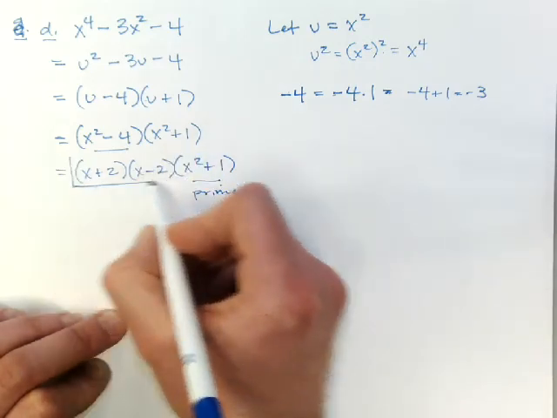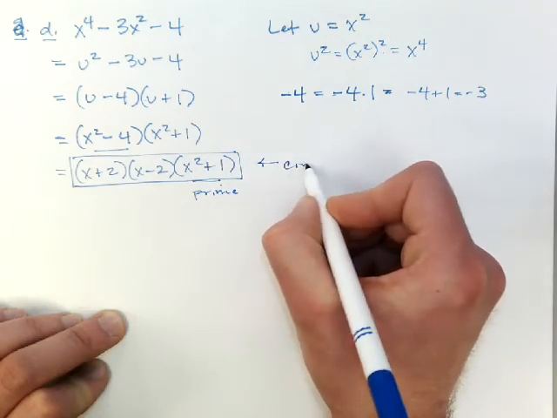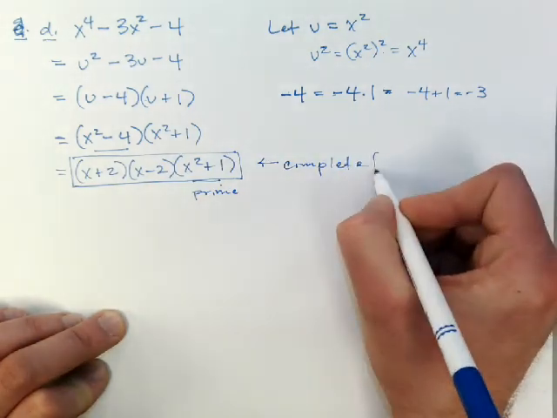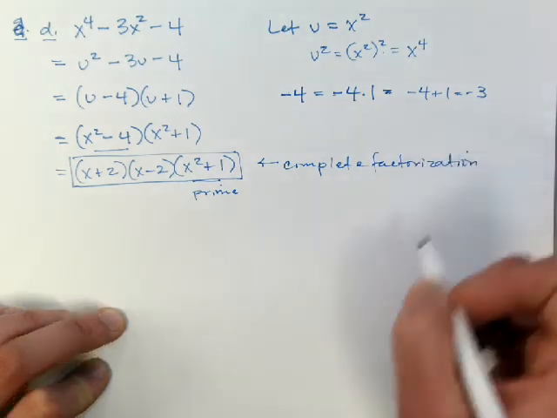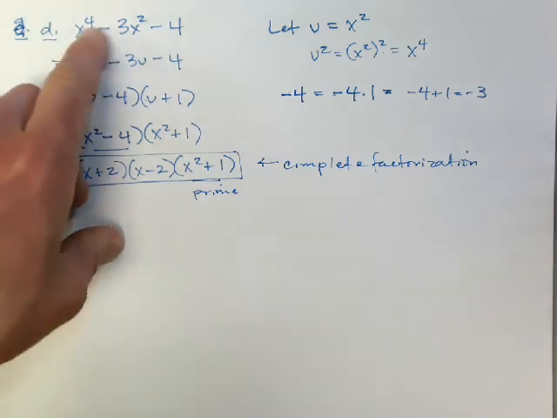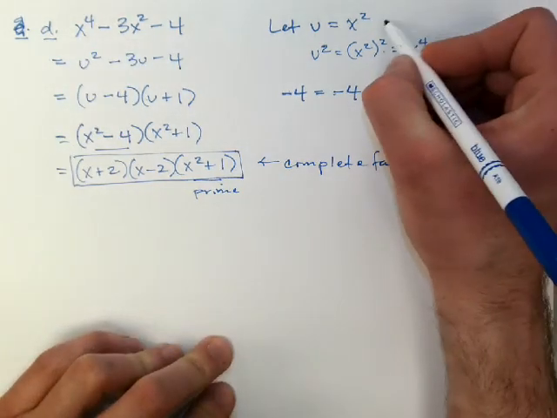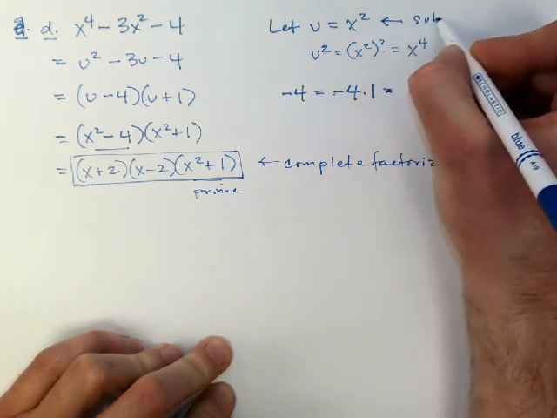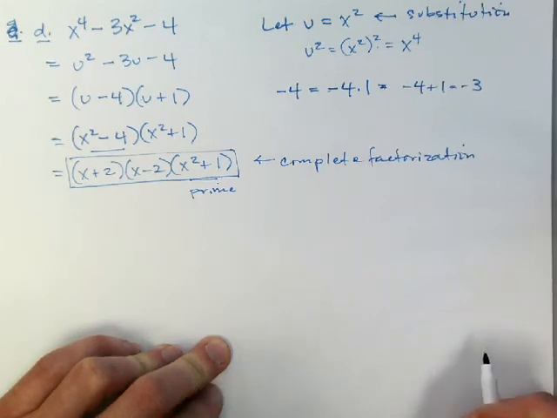So this would actually be the complete factorization. But do think of that. If you ever see a higher power in your trinomial, maybe this trick of substitution could help you factor it out with our methods from before.